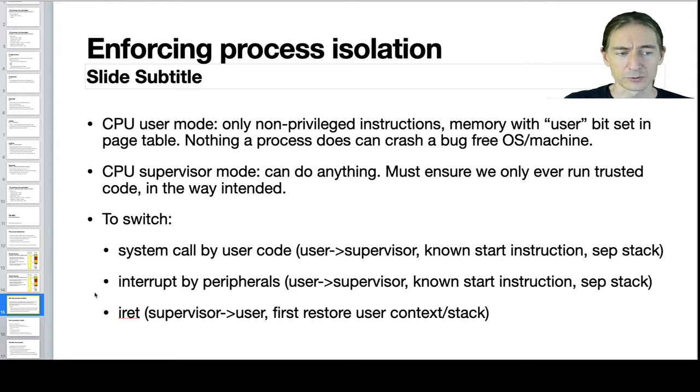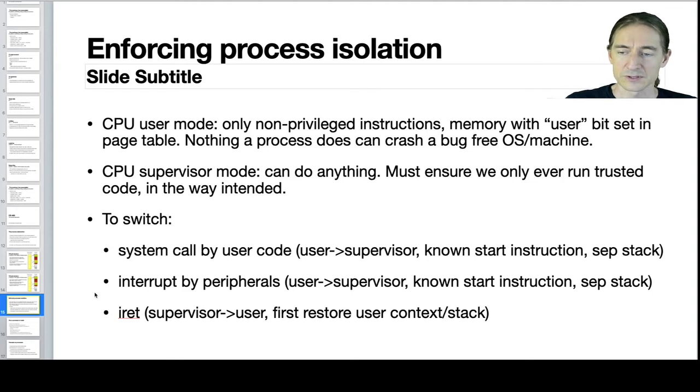And the CPU will stop what it's doing, stop running the user stuff, immediately switch to supervisor mode, start running at a known start instruction with a separate stack. So again, the user is no longer running. It doesn't have any control over what the kernel will do, other than perhaps some parameters set somewhere. And those parameters will be carefully checked before we do anything.